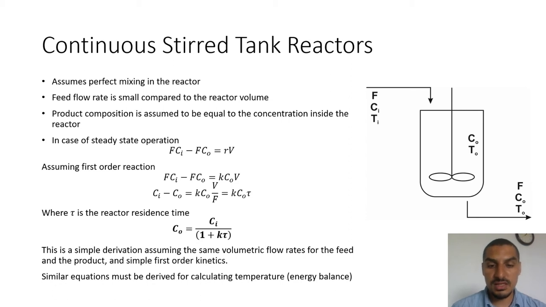This is the mass balance equation, and there is another equation, the energy balance equation, which says that the enthalpy of the feed minus the enthalpy of the product equals the enthalpy consumed here, which is R multiplied by delta HR, the heat of reaction. You'd see that the term R is present in the energy balance equation too, so you have to put the kinetics in both, and you have to solve these two equations simultaneously.